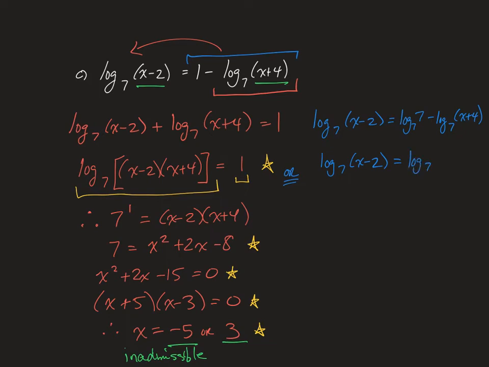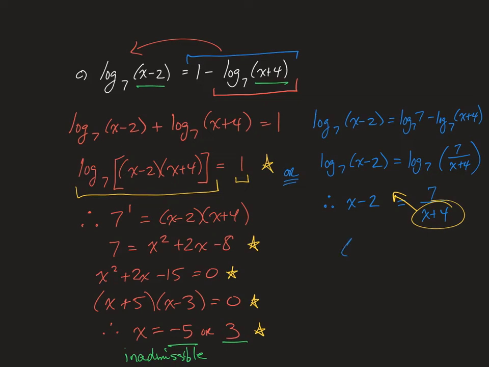That means that if I'm subtracting logs of the same base, I must have had division inside my log. Now I have a single log equal to a single log. Bases are the same. Therefore, that result must equal that result. And now you've created an equation of which we can get rid of our divide by x plus 4 by multiplying it out.